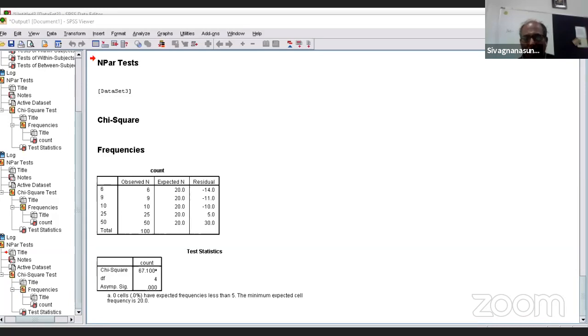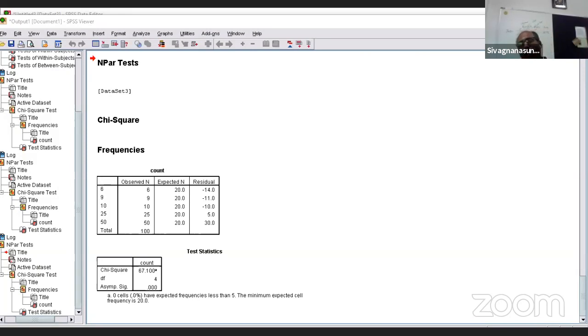If you ask a question like this, it is very much visible. A is not 20 here in the observed frequency. None of the grades are equal to 20. So I can simply conclude that the grades are not equal, isn't it?